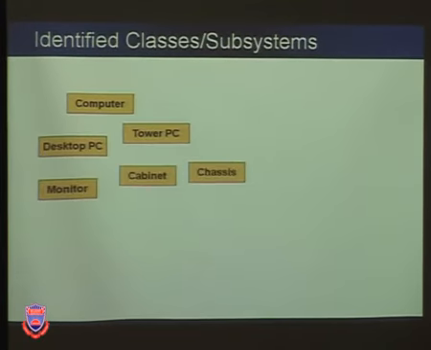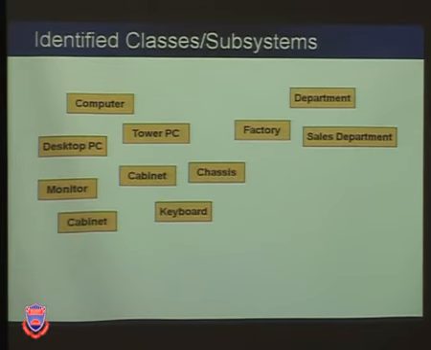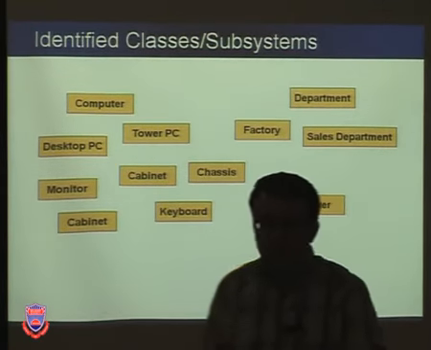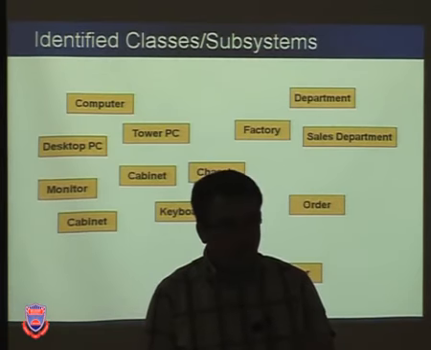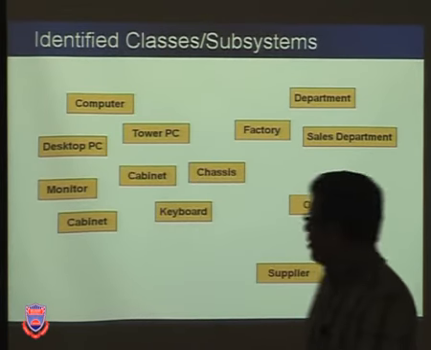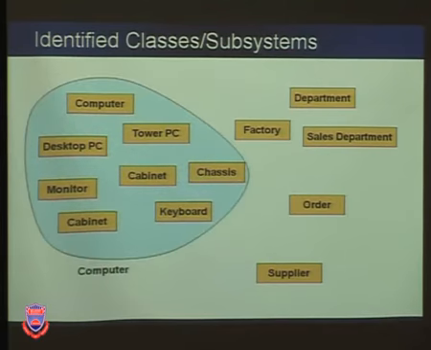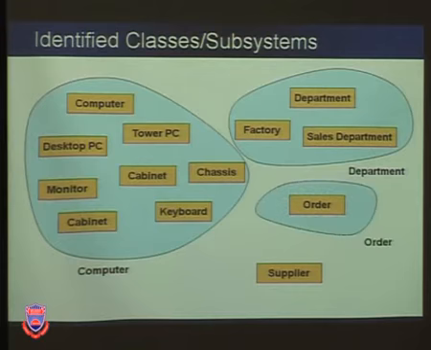Imagine these artifacts are identified: the computer, desktop, monitor, cabinet, tower PC, chassis, factory, etc. Then the next step is to group these classes. You could, for example, group like this. You could say these are the elements which are called computer. This is a department. We have order separately, and that's supplier.